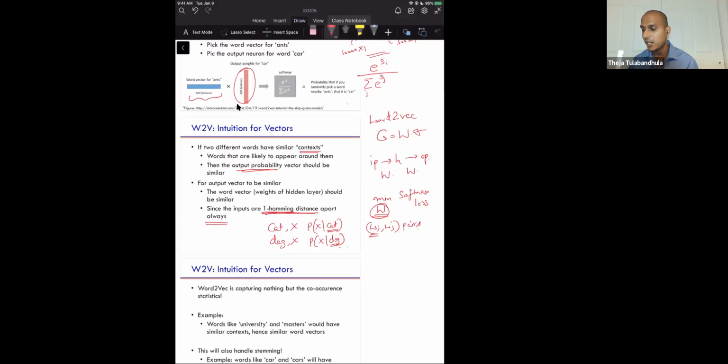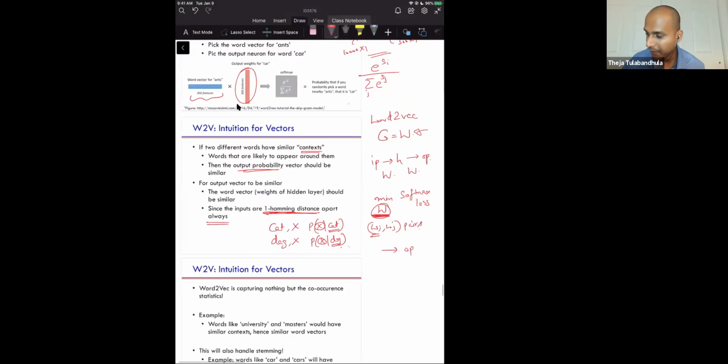Now, but we want the output probability of X given cat and probability of X given dog to be high or similar, maybe close to 1. If the outputs have to be the same, the only thing you can change is the entries of the W matrix. The outputs are coming from the hidden layer, so if outputs have to be the same, hidden vectors have to be the same.